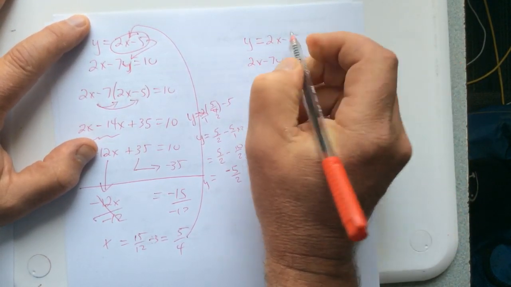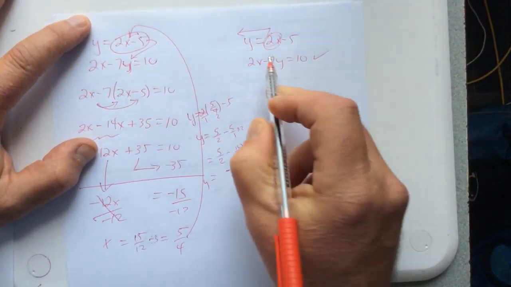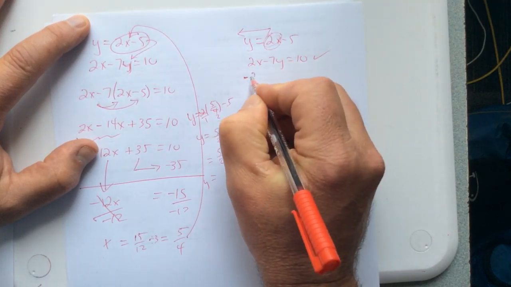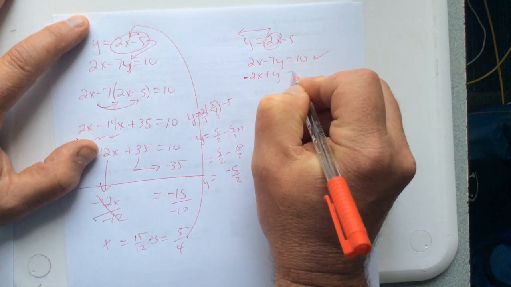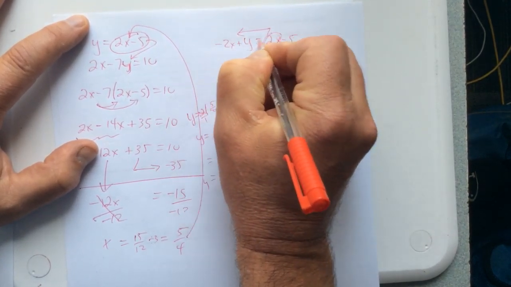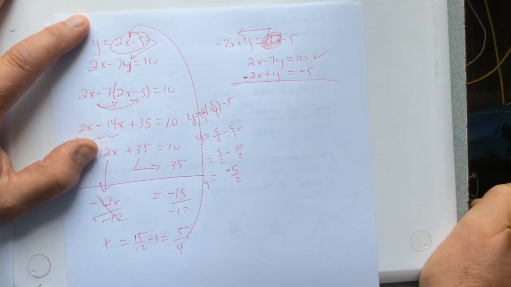This one is good. I'm going to move this one around so that the x and y are on the same side. So I'm going to pick this 2x up and put it over here. So that would make it a minus 2x, and then there would be this y. And then this side would have the negative 5. So I just rewrote it so the negative 2x was over here. I took it from there and put it over here, and now stacked it up.